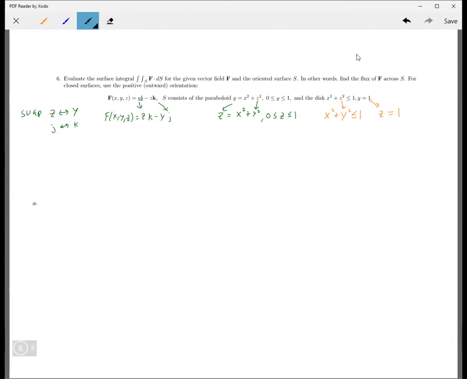Okay, let me give you a brief idea of what this looks like. So at this point we're looking at the new one that I did, not the old one. If we just turn everything around and treat the vector field as different, then it's going to work out okay.